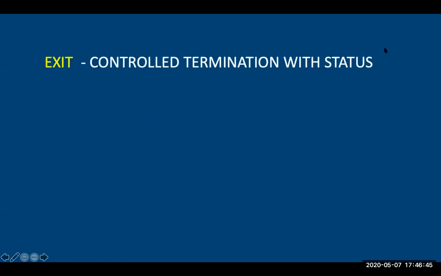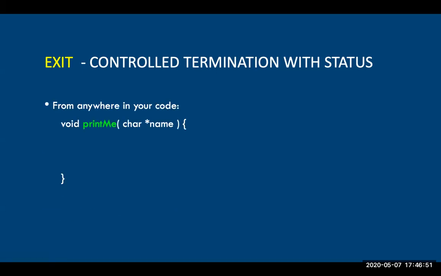So exit, as we've seen and many of you have used before, is a controlled termination with some kind of basic unsigned status. So if we have some function and we decide that something really fundamentally bad happens, we can exit, and we can additionally provide some status code that can be interpreted maybe by an operating system or by some other program that is monitoring our exit status, something that maybe we've run.